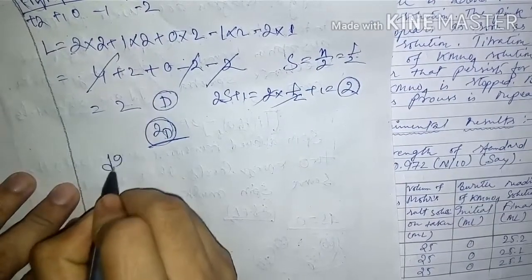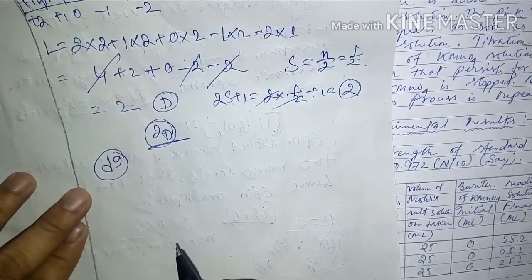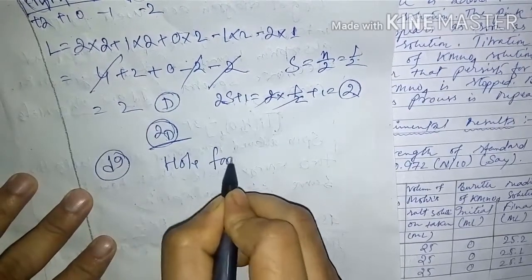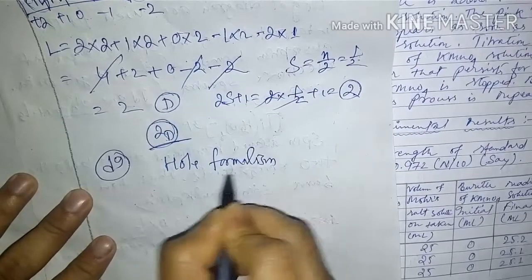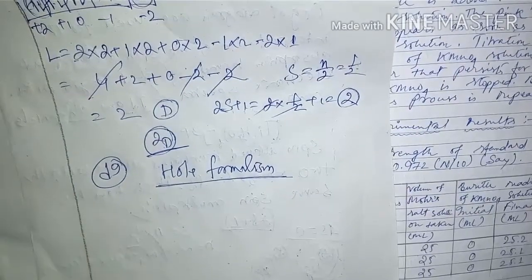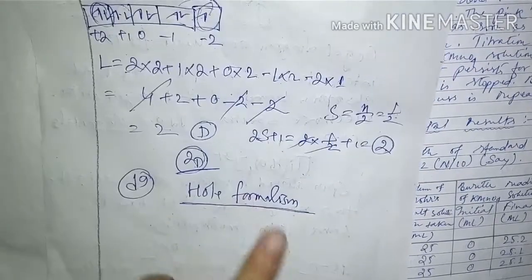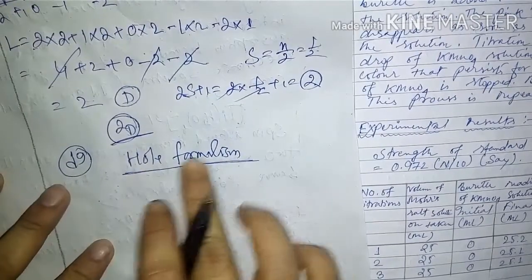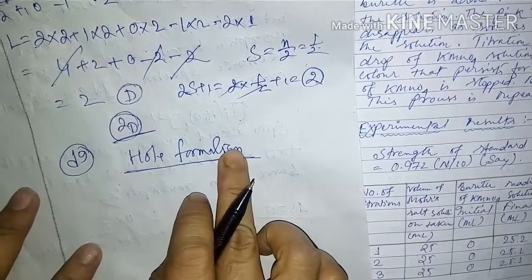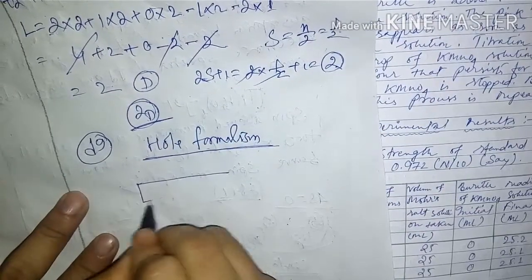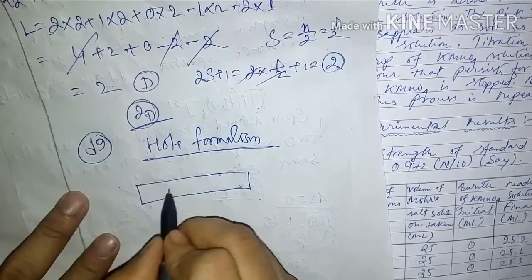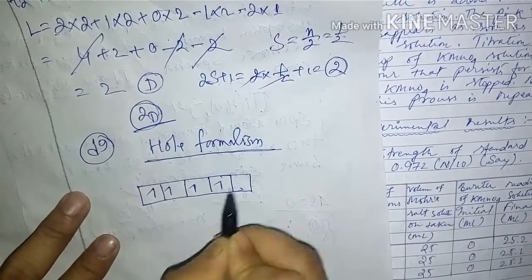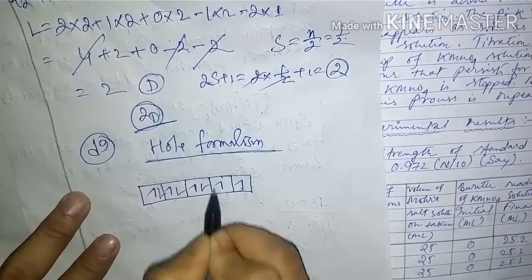Now you have to know this. Here d9 can participate in the hole formalism, or hole transfer mechanism. Okay, so hole formalism means, see here how many electrons in the d orbitals? 9. 1 2 3 4 5 6 7 8 9.